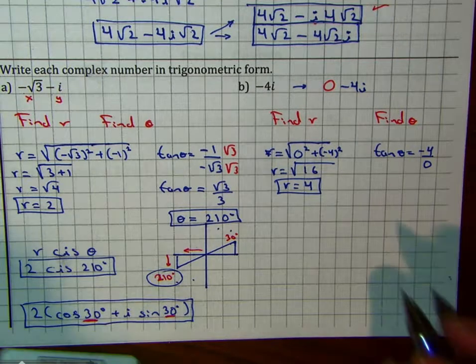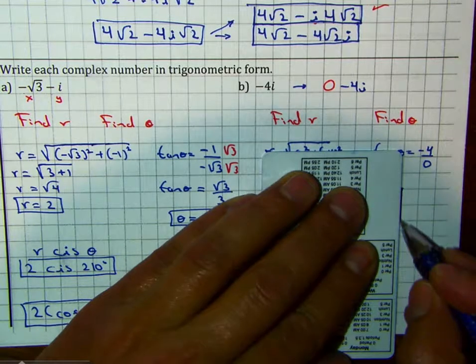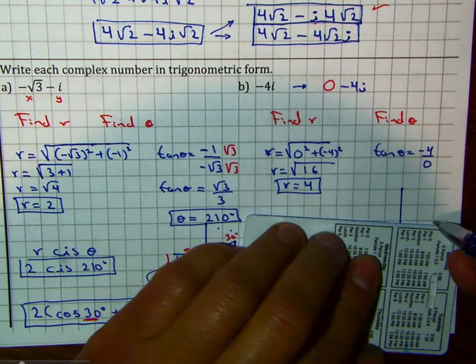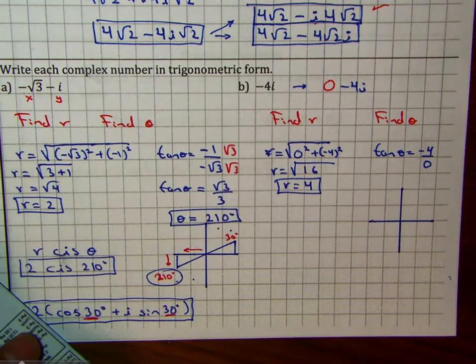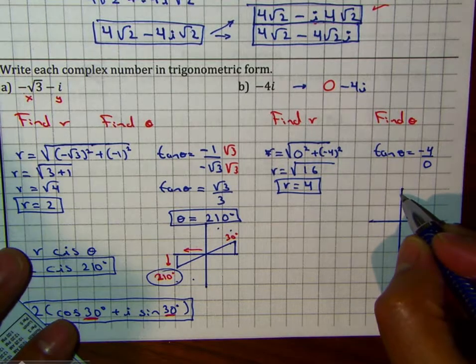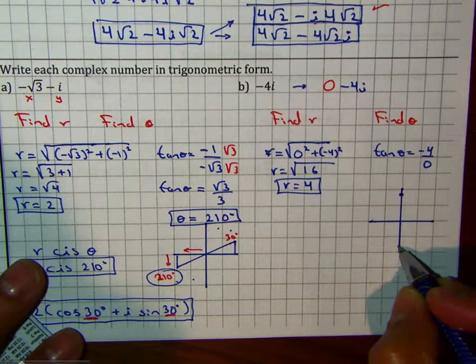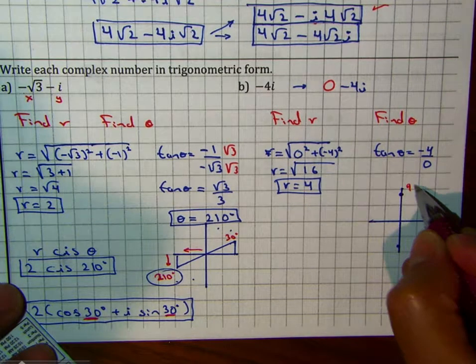Excellent. So in this case, it's undefined. Do you guys remember where your angle is undefined? Now, if you use a calculator, it's going to give you 90 degrees. But we need to remember that undefined is either 90 degrees or 270 degrees. Either one of those two will give you undefined.